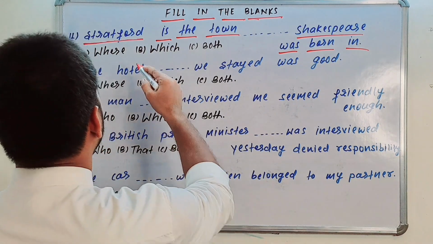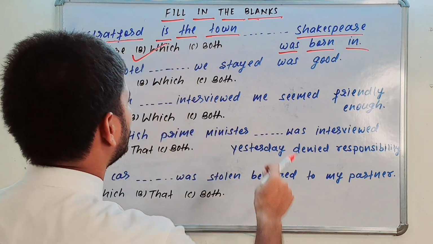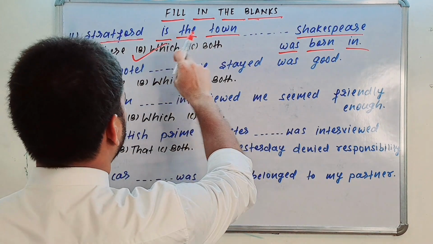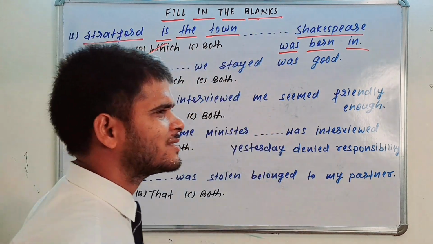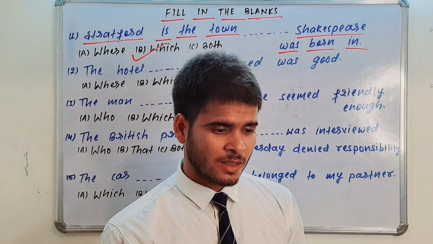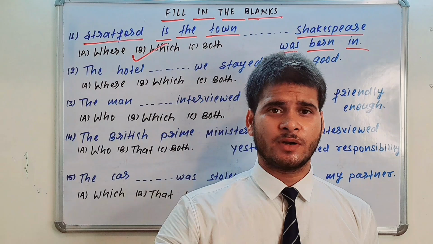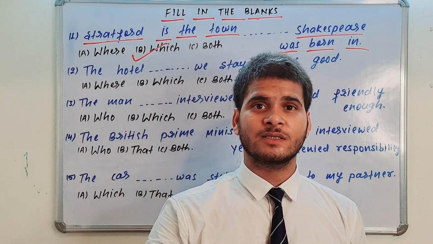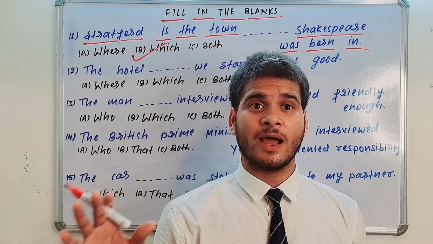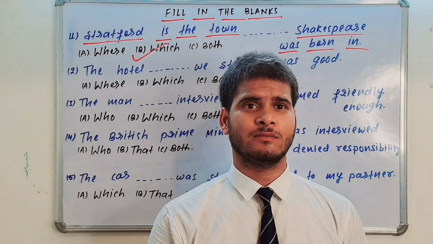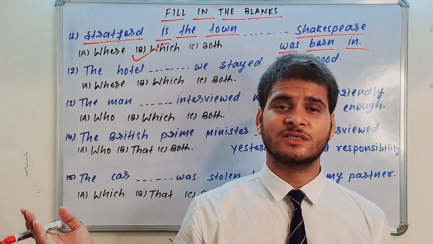So here which is the right answer, and we fill in the blanks with the relative pronoun which. Why did I select which, and why not where? Just as I told you, the relative pronoun which is only used for animals, things, or an idea. Here someone is discussing a town, and the name of the town is Stratford.